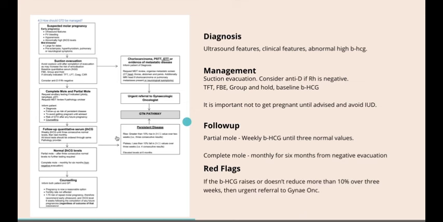And here's a diagram from RANZCOG about how a gestational trophoblastic disease patient should be managed. But the most important things to know are that the patient needs suction curettage, they need regular follow-up, and red flags need to be monitored.